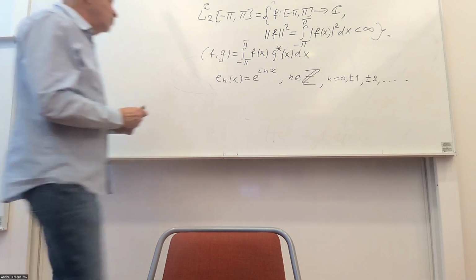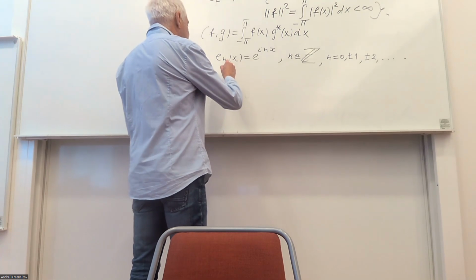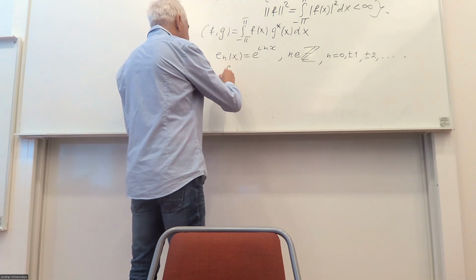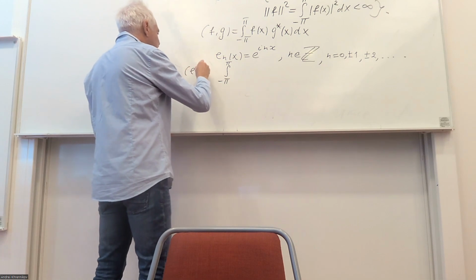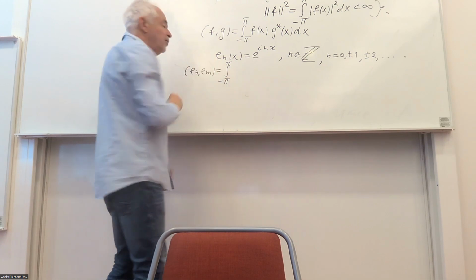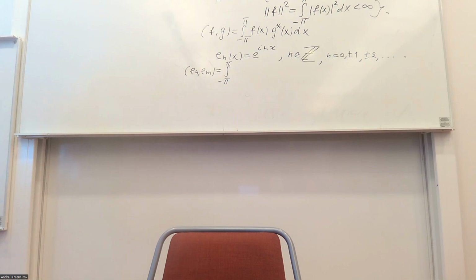Now let us calculate integrals from minus pi to pi. So write the scalar product of e_n and e_m. We would like to prove that these functions are orthogonal. Now put these functions in and make the integration.